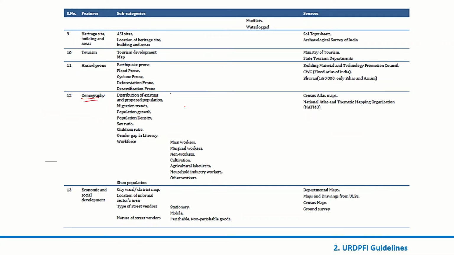Demography, like I said, we have census data already. In addition to that, I think you will be conducting a socioeconomic survey. So most of the information that you require, you will get. Otherwise, this information is already there in the census data itself. Economic and social development.